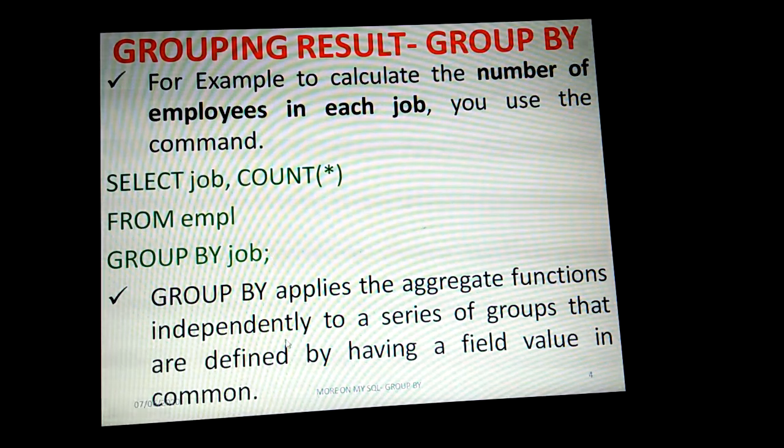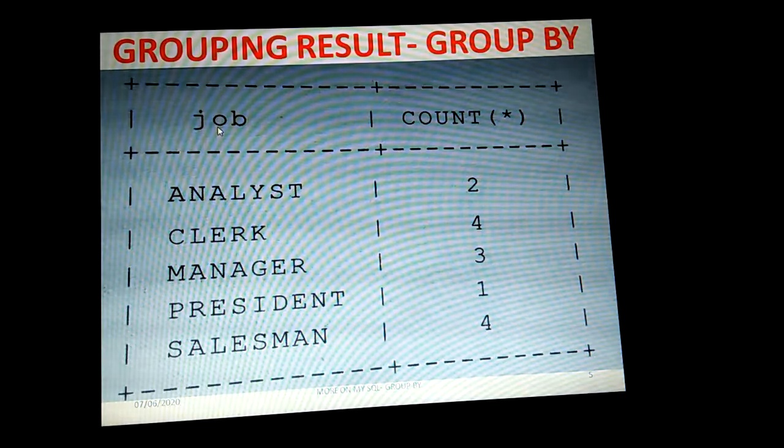So the same identical values are grouped, and aggregate functions find the answer based on a common value only. If a common value is there under that particular field, we can get the answer by using this aggregate function. Here you can see the output.